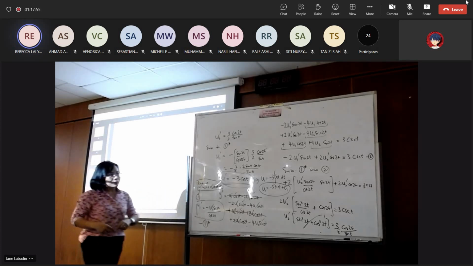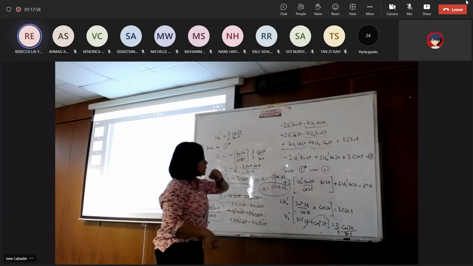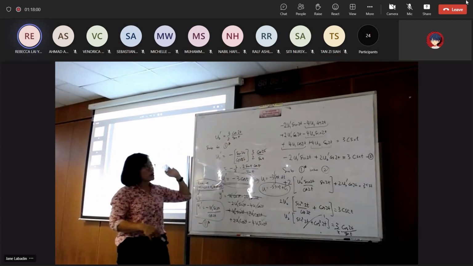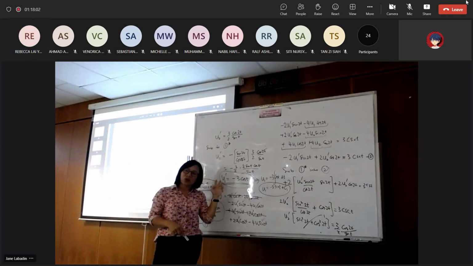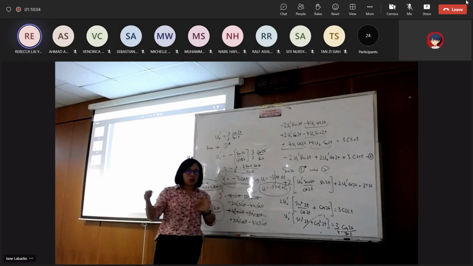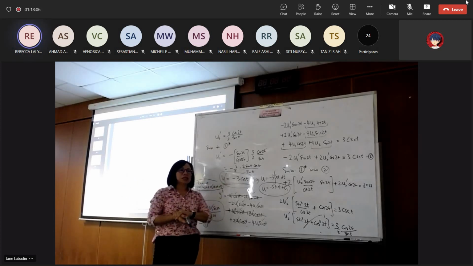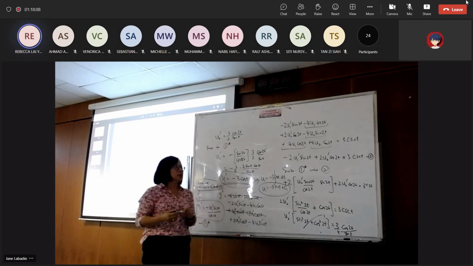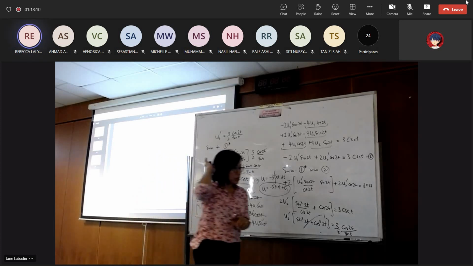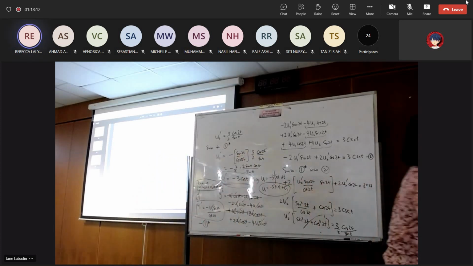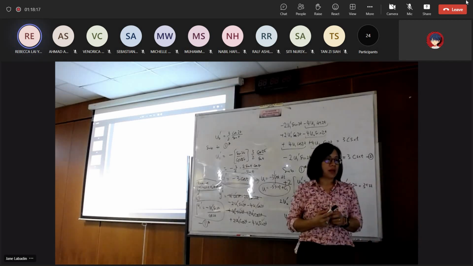The one that we did just now is for a specific ODE. The one shown on the summary is for a general ODE, so we still have our p and q as the coefficients of y prime and y.